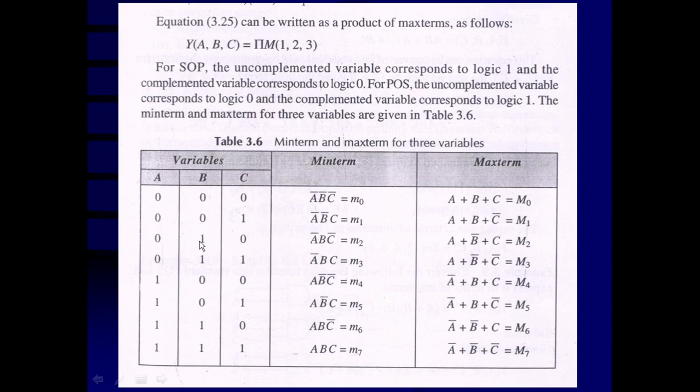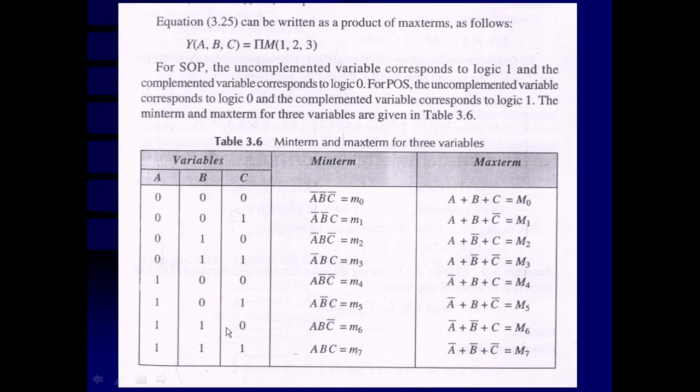A bar, b, c bar, that is m2. A bar, b, c, that is going to be m3. A, b bar, c bar, that is going to be m4. A, b bar, c, that is going to be m5.